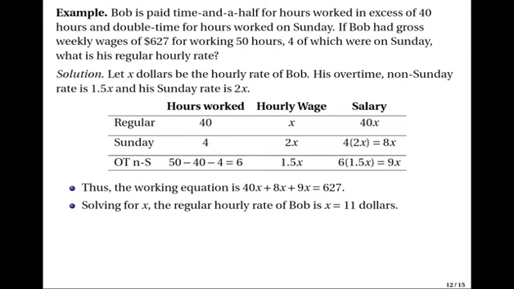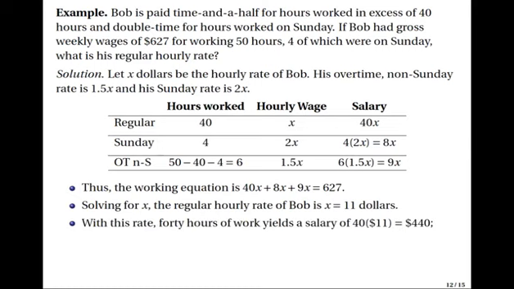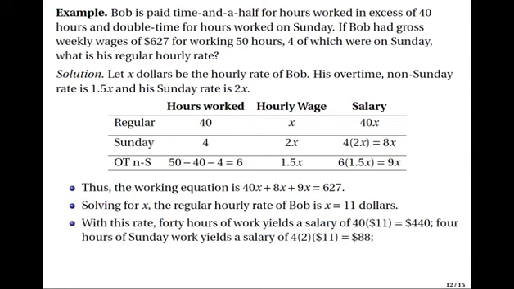And let us check if this $11 makes sense. So for the 40 regular hours, you have 40 times 11, the contribution will be 440. For the Sunday, 4 hours, the rate is double pay. So instead of 11, you have 2 times 11, that's 22. And you have 4 hours, that becomes 88.